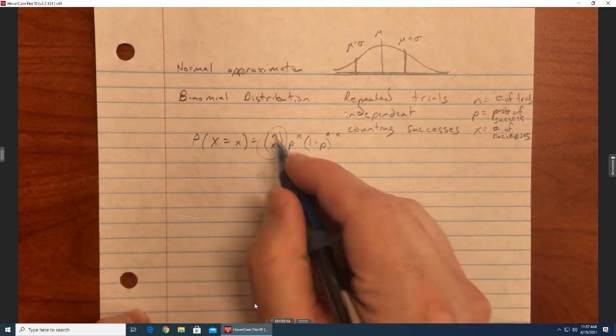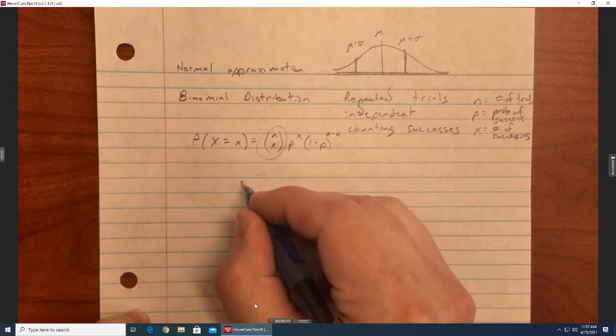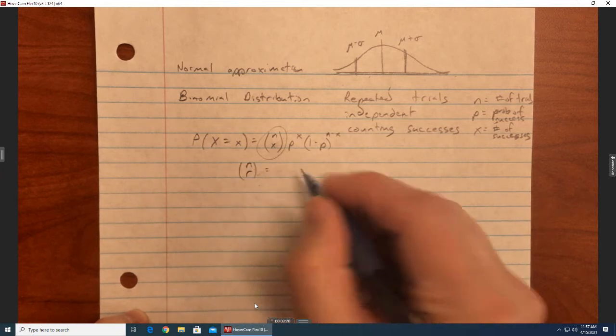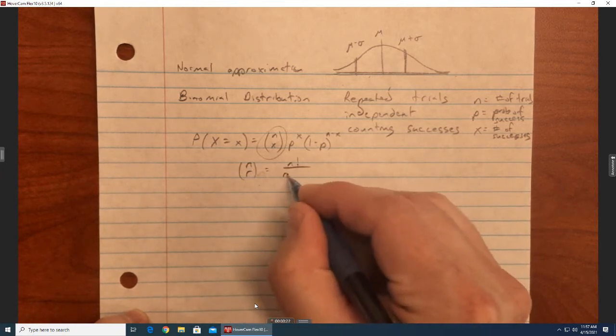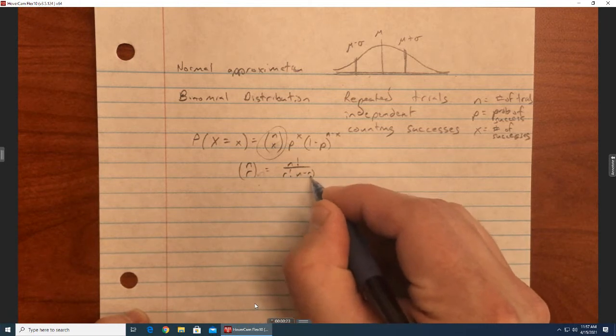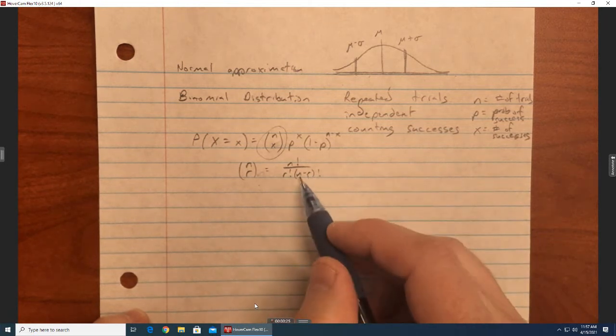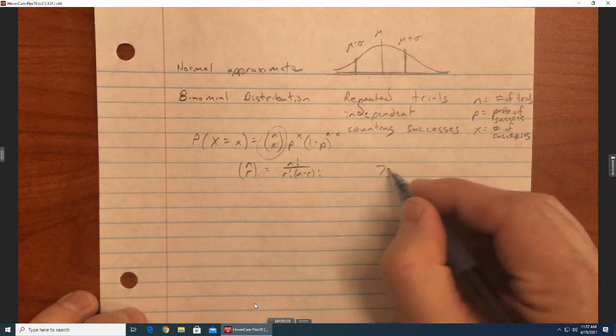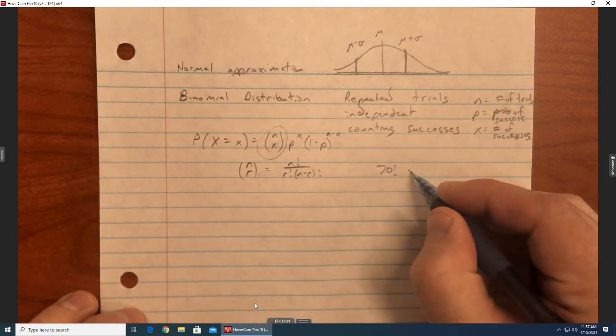We're using factorials to compute the combination. So n choose r, in general, is n factorial over r factorial times n minus r factorial. And these factorials get to be very large very quickly. For instance, 70 factorial is too large for your calculator.